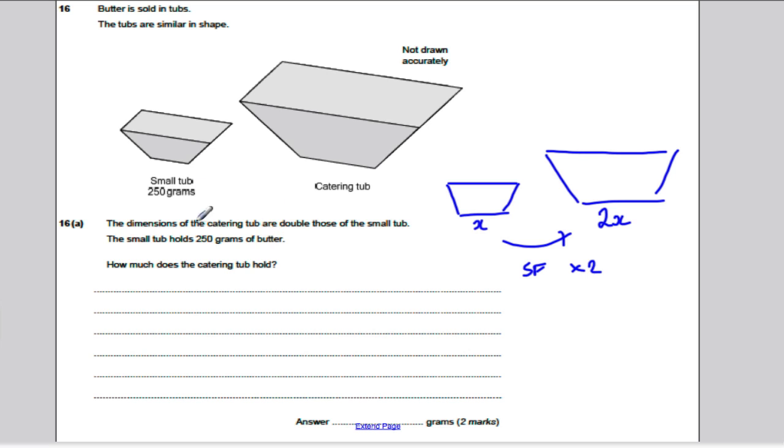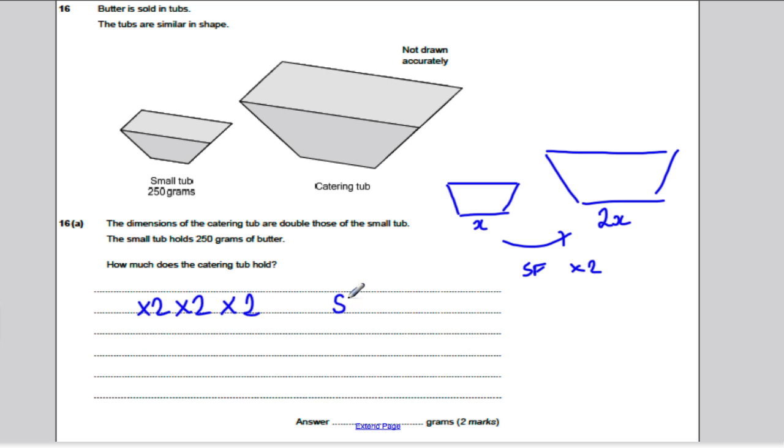Now, for a volume, if the lengths are getting times by 2, then the scale factor for the volumes is multiplying by 2 for one dimension, by 2 again for the next dimension for the width, and 2 again to get you volume. So you've got to times by 8.